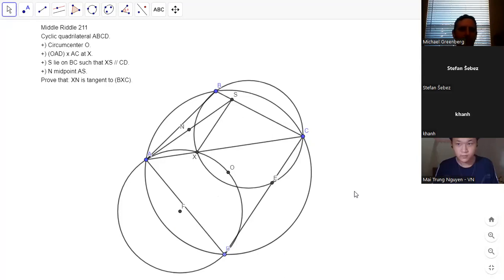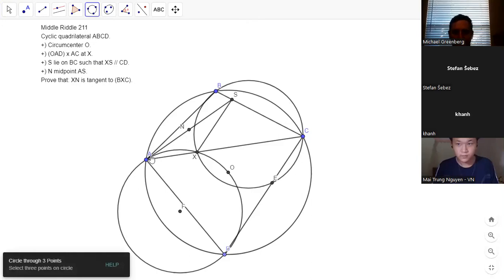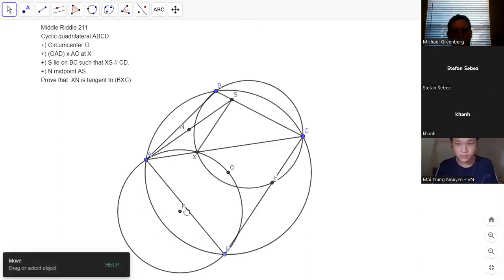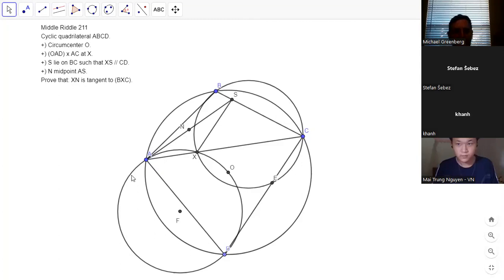So XN is a median. Would it help to, is there a symmedian that we could draw? So N is the midpoint of AS. We could also draw the midpoint of AD.